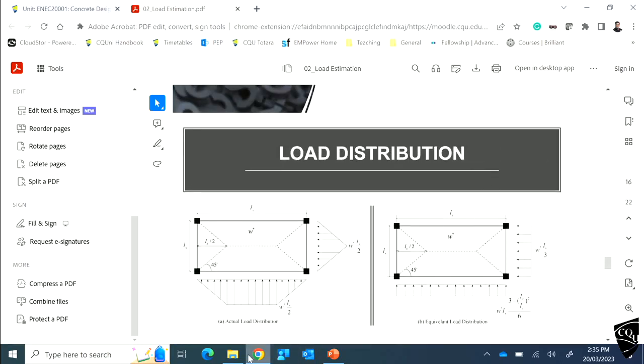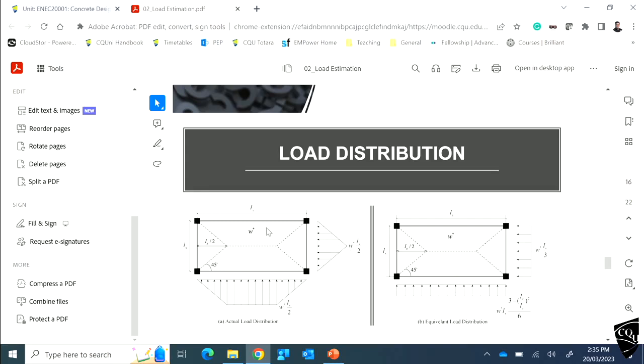So this is the distribution. We have equal loads. The trapezoidal distribution and rectangular distribution will have a uniform distribution. Here the maximum is W Lx by 2.